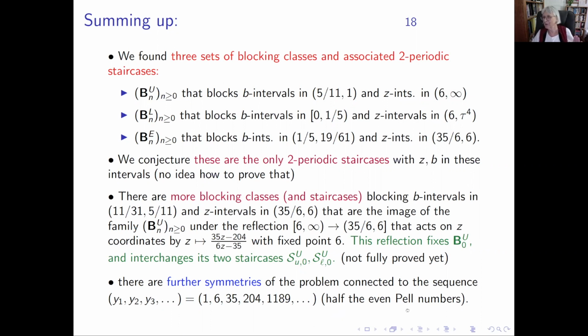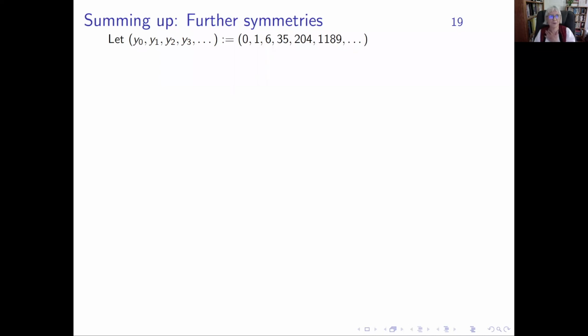So it's very closely related to the Pell numbers, which are the numbers that come up when you look at the map into the polydisk. You get Pell numbers, and all the symmetries are related to Pell numbers rather than Fibonacci numbers. So let me explain a little bit more about these symmetries.